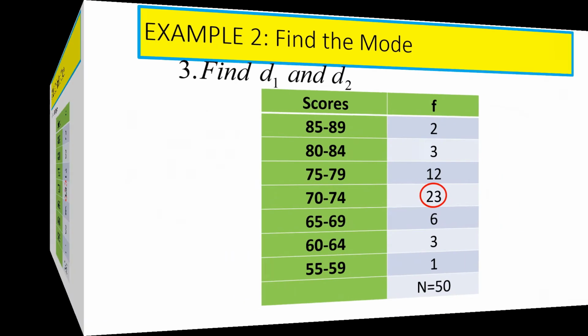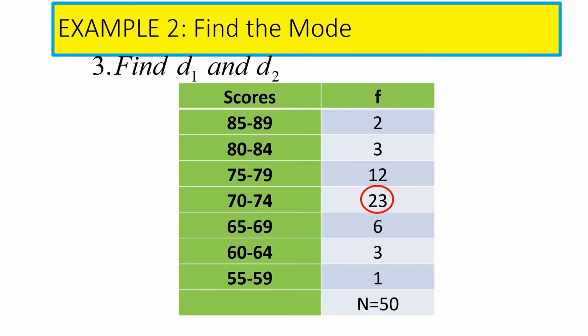We need to find d1 and d2. d1 is the highest frequency minus the frequency below. That is 23 minus 6, and 23 minus 6 is 17. Next we have d2. That is the highest frequency minus the frequency above.